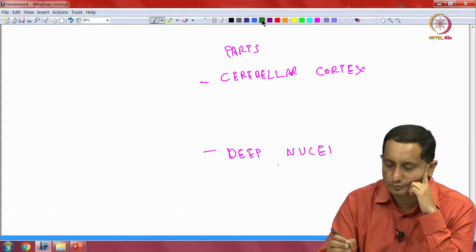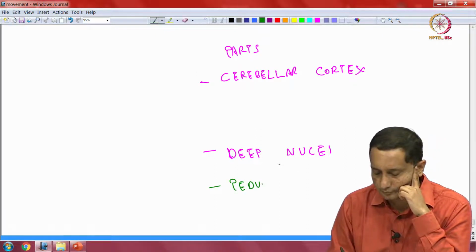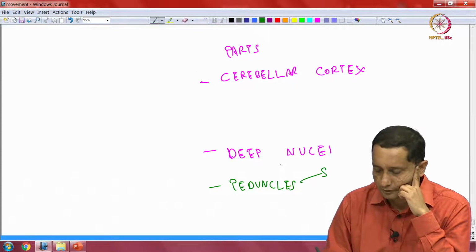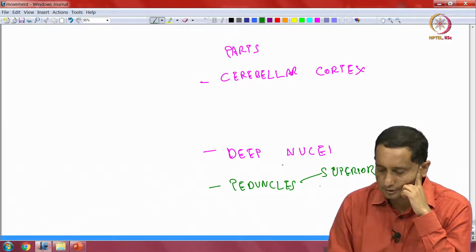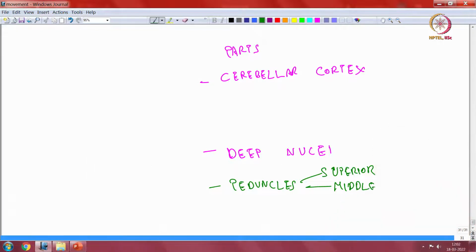The input and output is through the peduncles: superior, middle, inferior. So, up, middle and lower down. That is technical stuff. The cortex as such has multiple layers: granular, then you have the Purkinje cell, and the outer cortex.